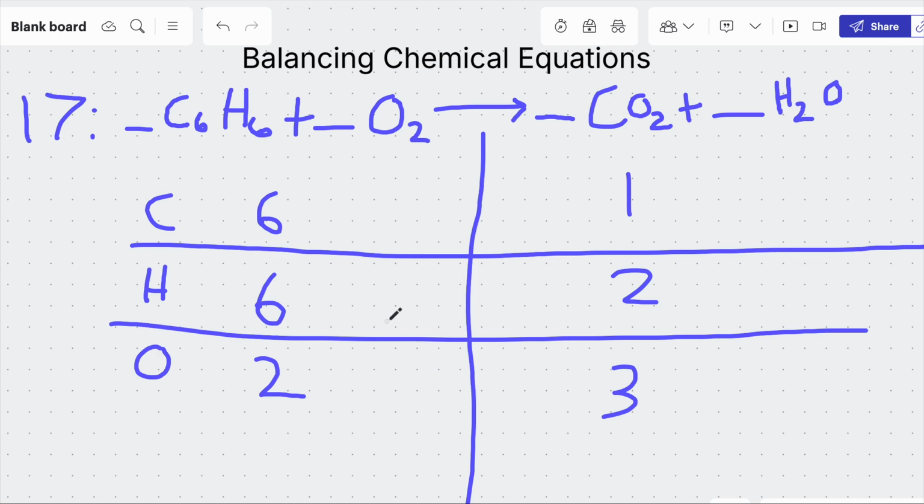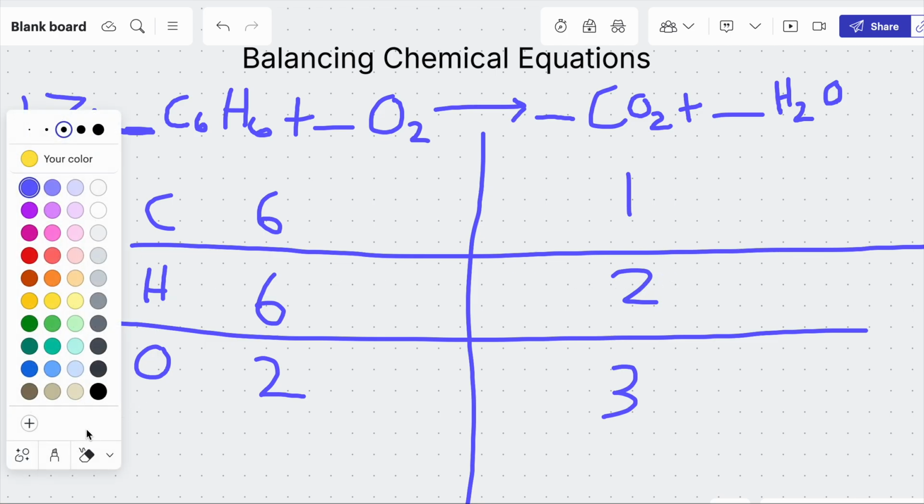I'm going to give you a little tip. If you don't remember this, that's fine. When it comes to combustion reactions, if the O on this side is lower, we're going to do that last, because we can just add a lot of these all at once, but that's not important right now. So basically what I'm saying is we're going to fix C's and H's first. Let's start with the H's. Those are pretty straightforward.